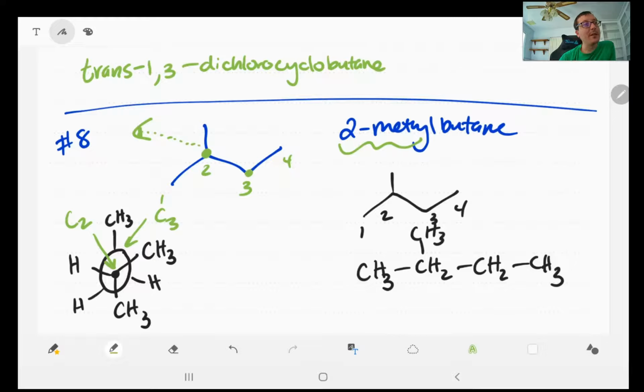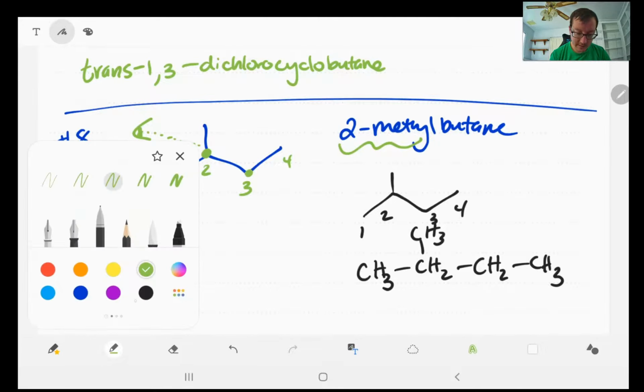Sorry, 2-methylbutane is the name of the molecule. And whenever we do a Newman projection, we're always looking at 2 carbons, a front carbon and a back carbon, and we need to identify those. So for this one, I'm looking at carbons 2 and 3 along my Newman projection. Okay? Okay, thank you. Cool.